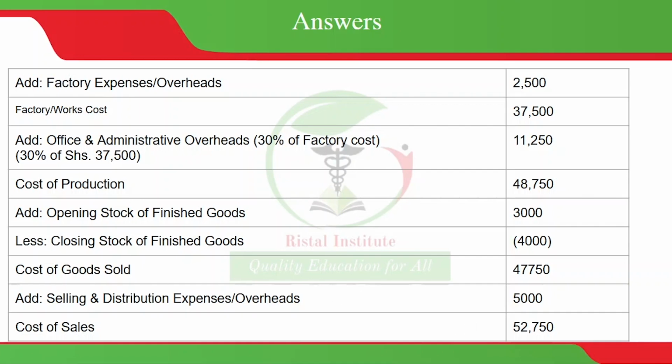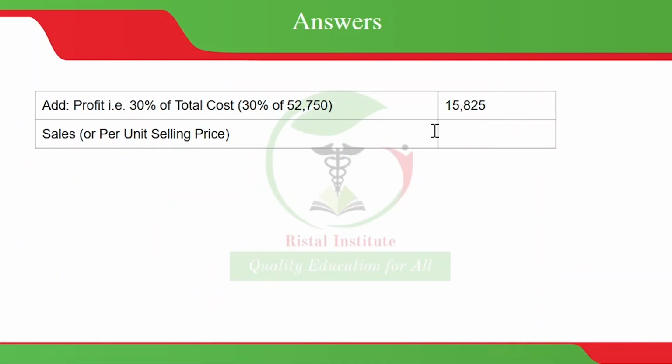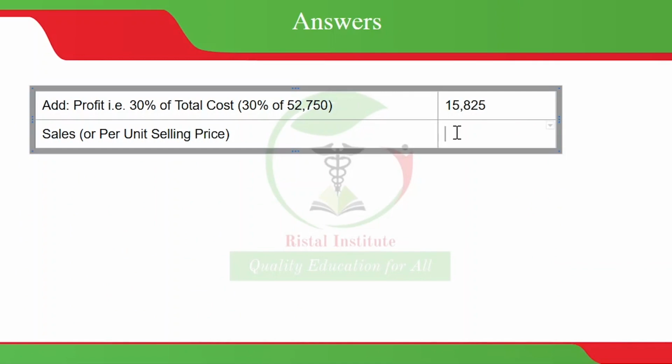So we shall get sales of 68,575. That is the per unit selling price.